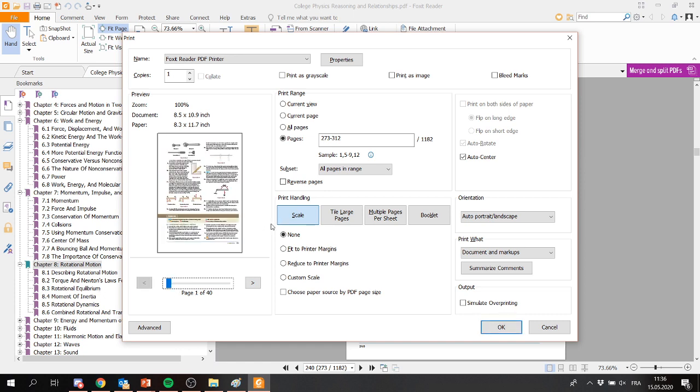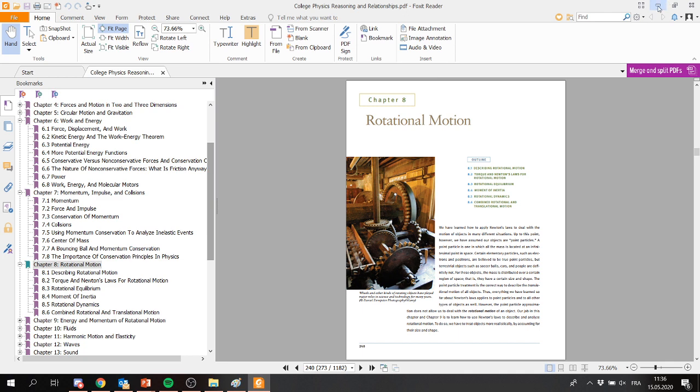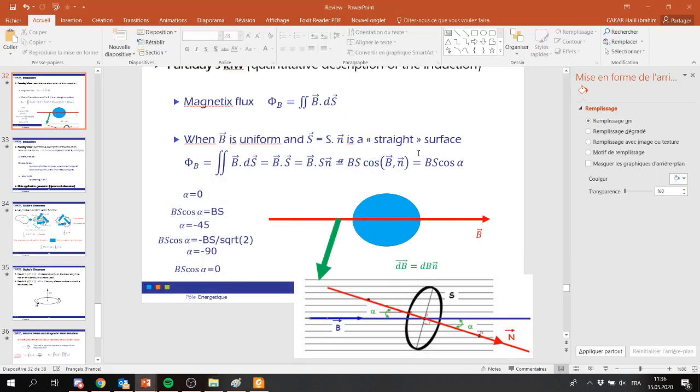Anyway, I will send you this chapter for you to read immediately after the course. I don't want to lose time now, but I will give you a very beautiful textbook chapter, and you may read it because before, in the previous lecture, I advised you a textbook by Serway.